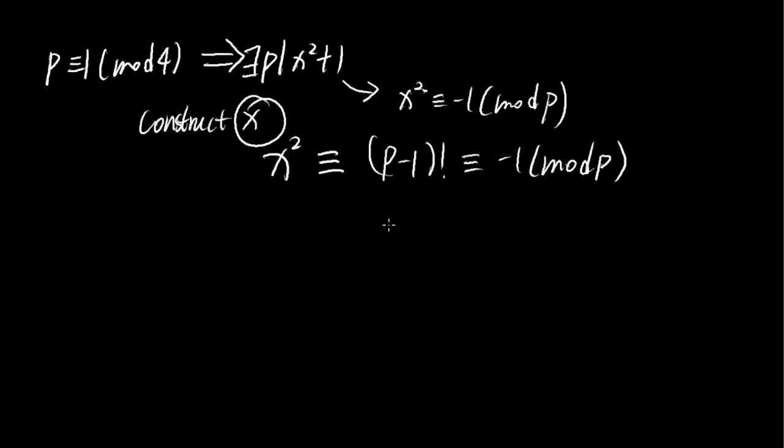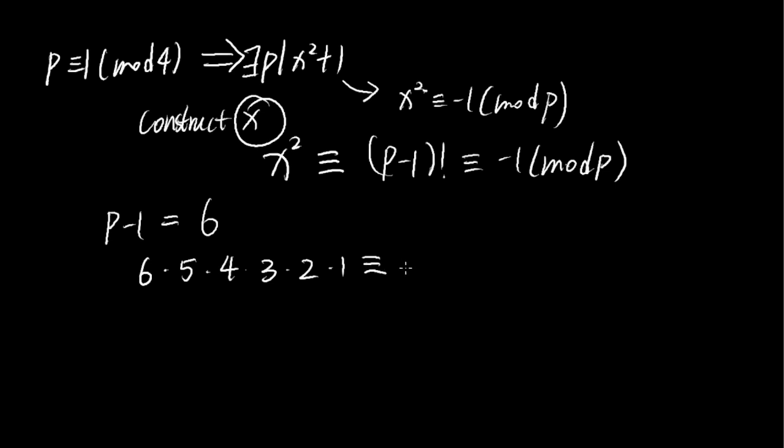So how do we construct an x? A way is to use the fact that p minus 1 is an even number. For example, if p minus 1 is 6, I write down 6 times 5 times 4 times 3 times 2 times 1.